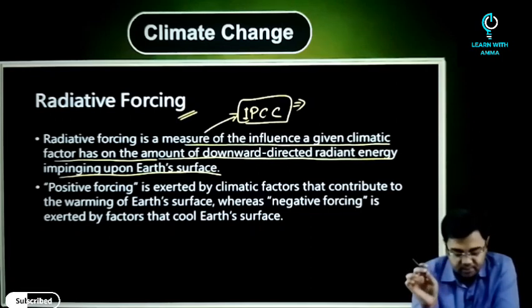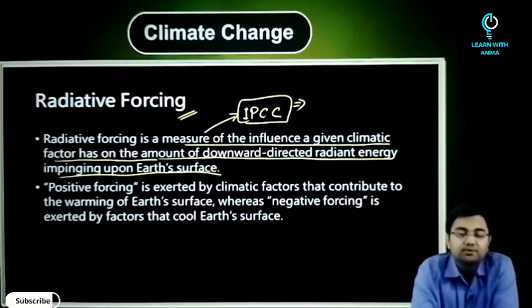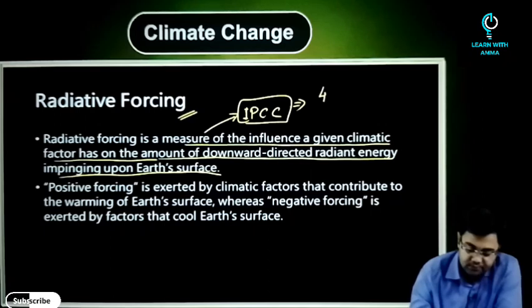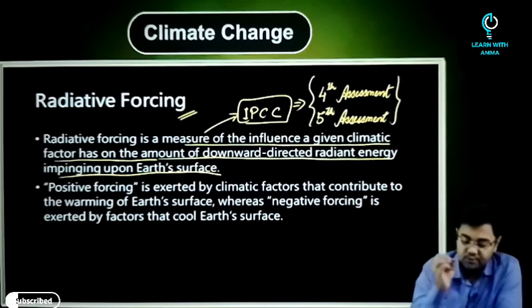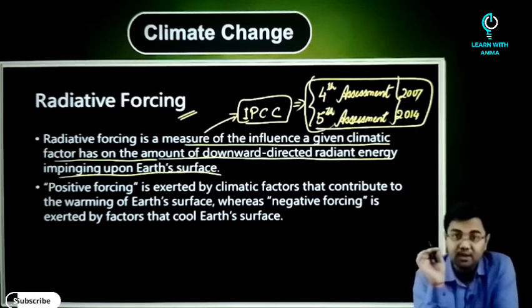Just in October 2018, there was one report that was submitted by IPCC. Before that, there is the fourth assessment report and there is the fifth assessment report, both of which were launched by IPCC, one in 2007 and one in 2014. Please remember that these two are going to be very, very, very important.